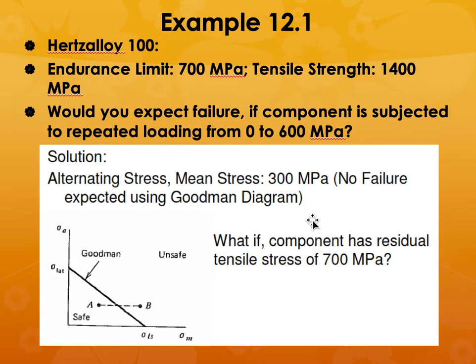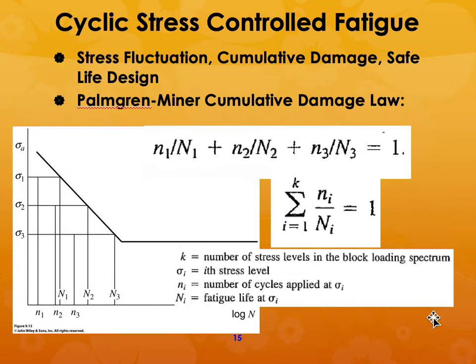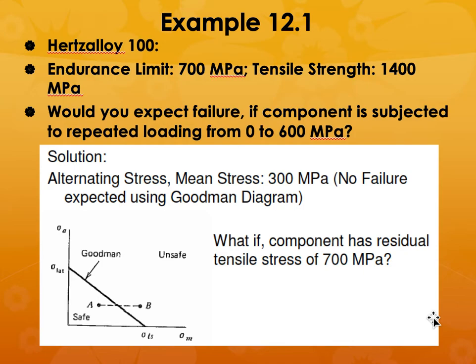If you put these numbers into the Goodman relationship, you will find that it can easily withstand more than 600 megapascals, which means that the component is not going to fail. But if the component has a residual tensile stress of 700 megapascals, then it may be unsafe to use the component.